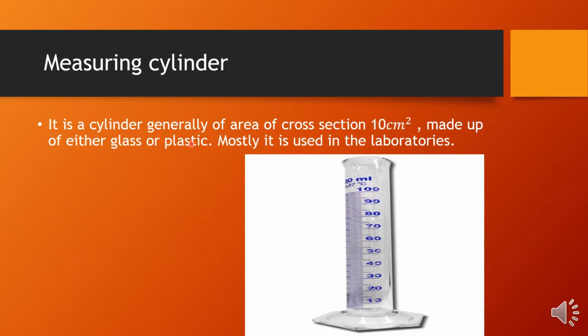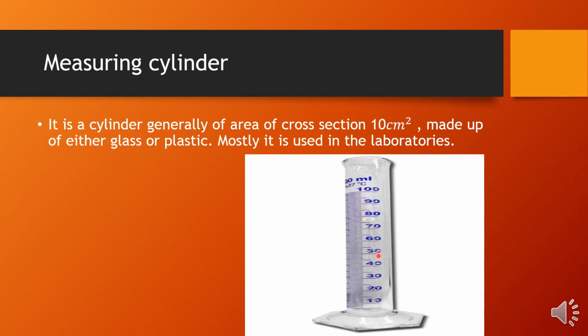It is a cylinder generally with an area of cross section of 10 centimeter square, from the top till the bottom, made of either glass or plastic, and mostly used in laboratories, chemistry labs, etc. Okay children, so this is the measuring cylinder.